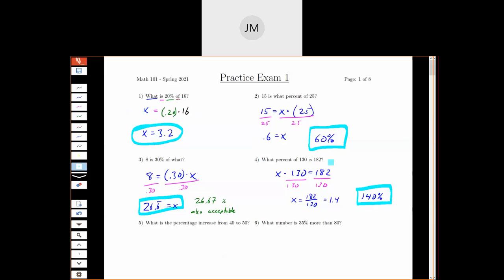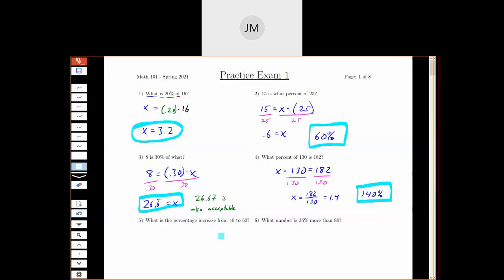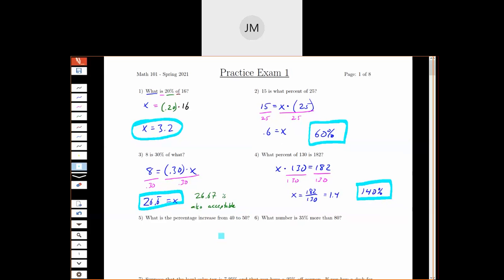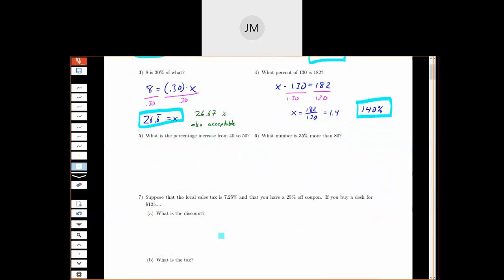They maybe divided the wrong way, 130 divided by 182, or didn't convert to a percentage, or moved the decimal place too many places or too few. Things like that. You can't just tell yourself don't make a mistake, but what you can do is have habits that reduce the likelihood that you make a mistake. Okay, and writing stuff out helps with that.